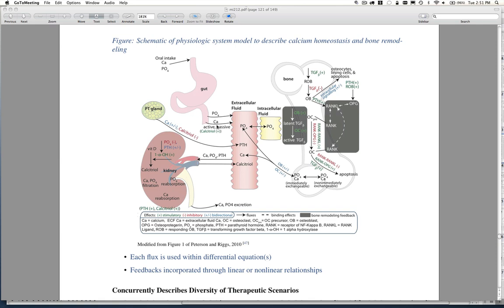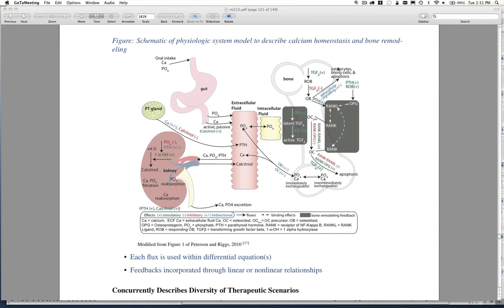The amount coming in can be changed two different ways. One is by changing the amount of calcium that's absorbed from the diet, and PTH in this sense feeds back to alter the amount of active vitamin D that's created. The other way that calcium can get into the extracellular fluid is back out from the bone.